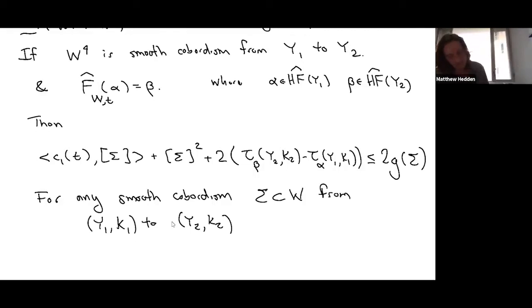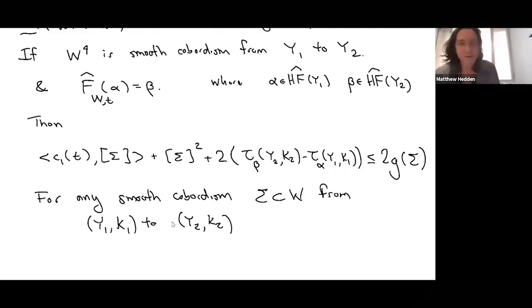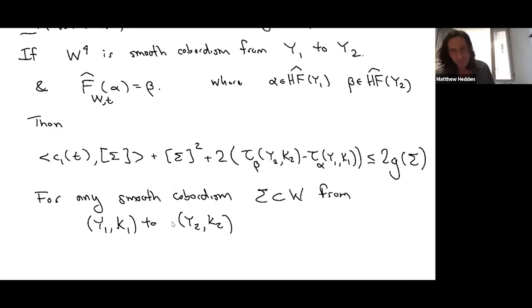So you'll notice that I could actually put absolute value around the Chern class evaluation to make it look even more similar to the adjunction inequality for closed manifolds due to conjugation invariance. But you'll notice that the key difference is that the tau invariants that we just defined, these numerical invariants of knots, play this kind of correction role in the adjunction inequality, which in general will sharpen it considerably. Okay.